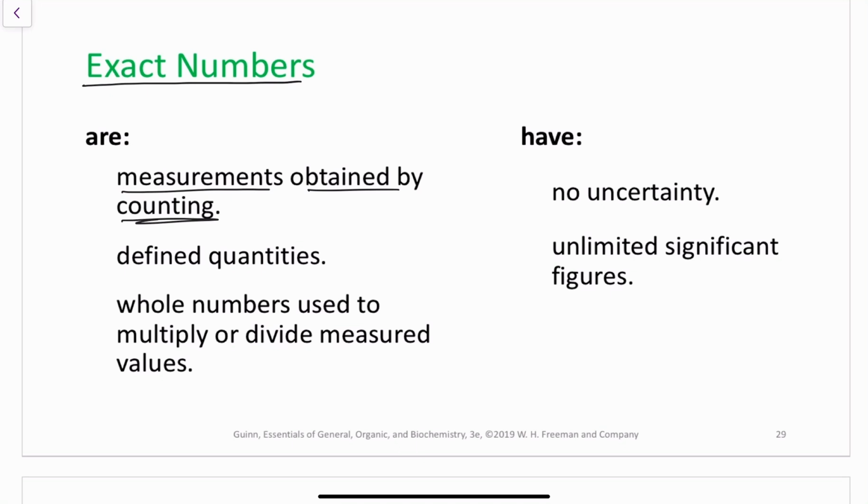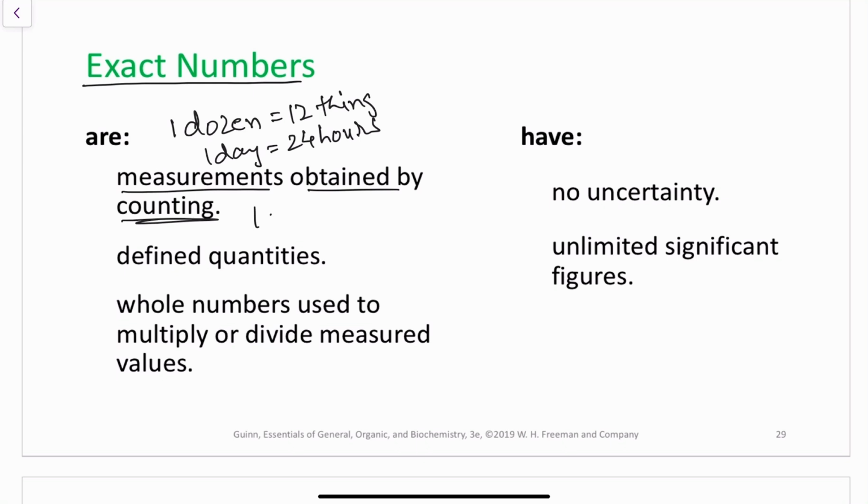For example, 1 dozen is how many? 12 things. A dozen of things is always 12 things, so this is an exact number. 1 dozen, 12. If I say 1 day, 24 hours, they are exact. It's not changing.